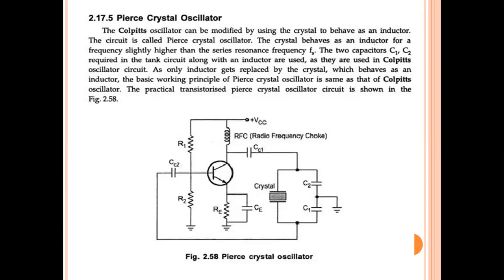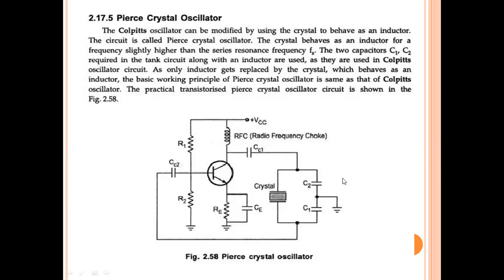So here, if you observe the figure, the Colpitts oscillator consists of one basic amplifier, and in the feedback network, we normally have two capacitors and one inductor.